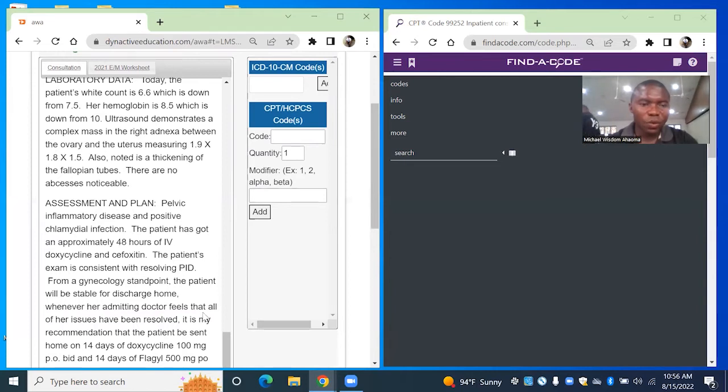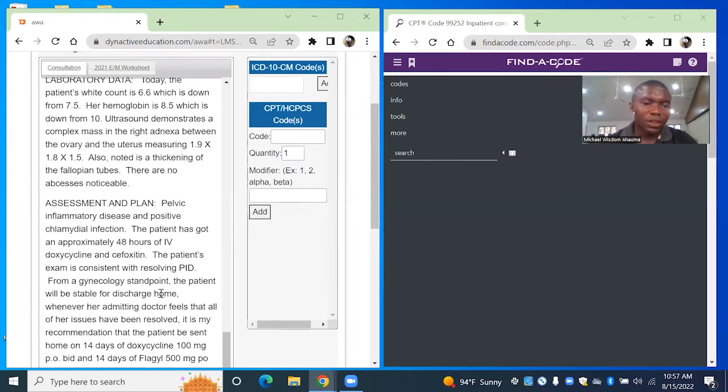The patient has had approximately 48 hours of intravenous doxycycline and cefazolin. The patient's exam is consistent with resolving pelvic inflammatory disease.